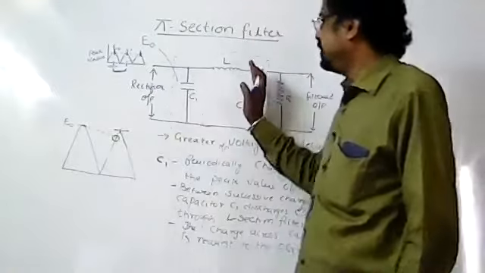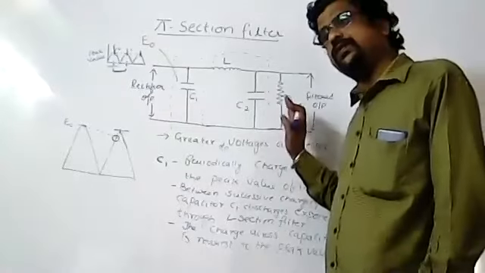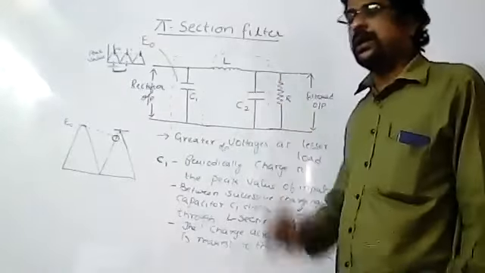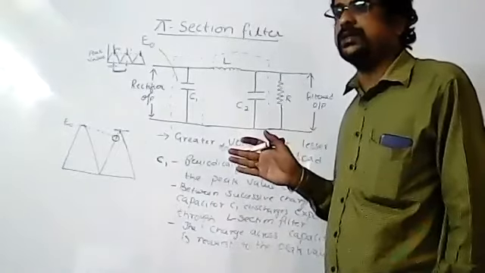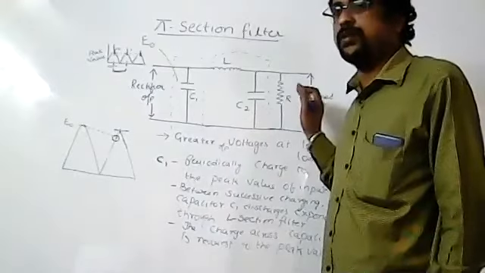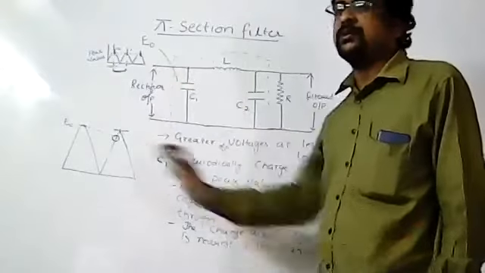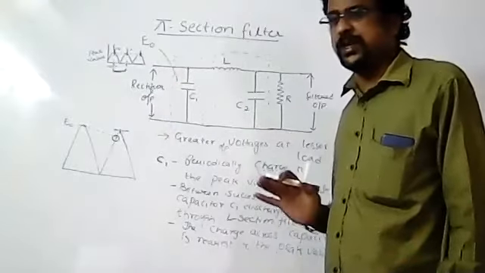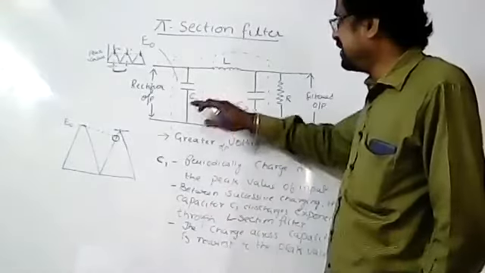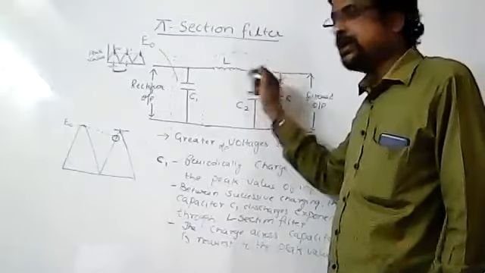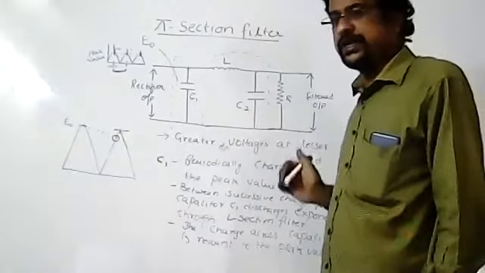Then that is delivered to the L section. Now you know the operation of the L section filter. So what is the function of an inductor? It will try to block all AC components and release only the DC component. That means in the first section, the shunt capacitive filter, almost all the AC components are filtered, and what remains is handed to the L section filter, where the inductor will try to block the AC components and allow only DC.